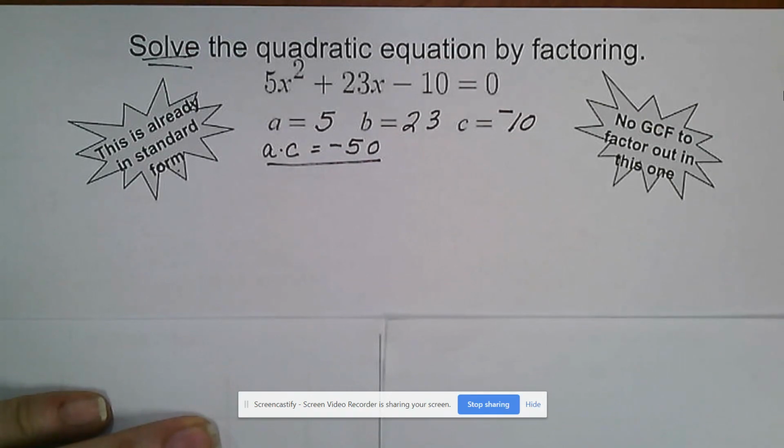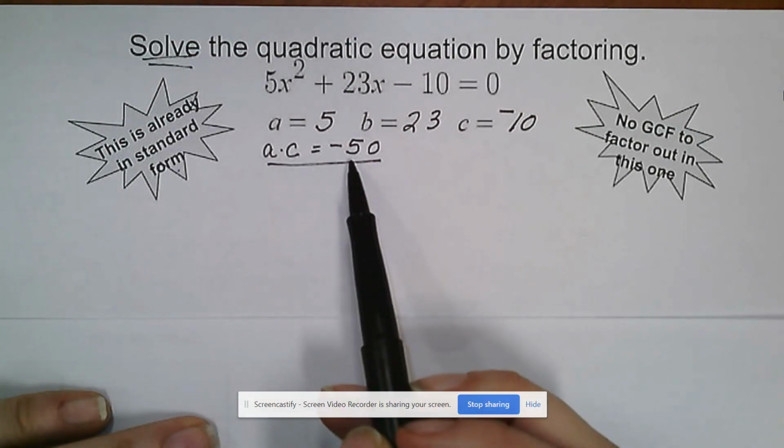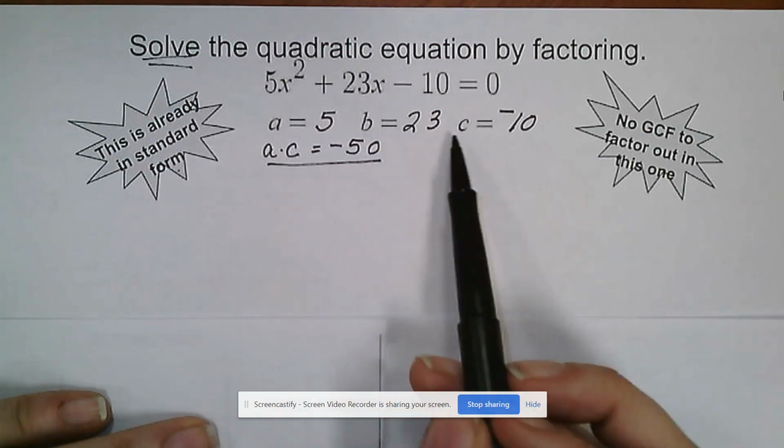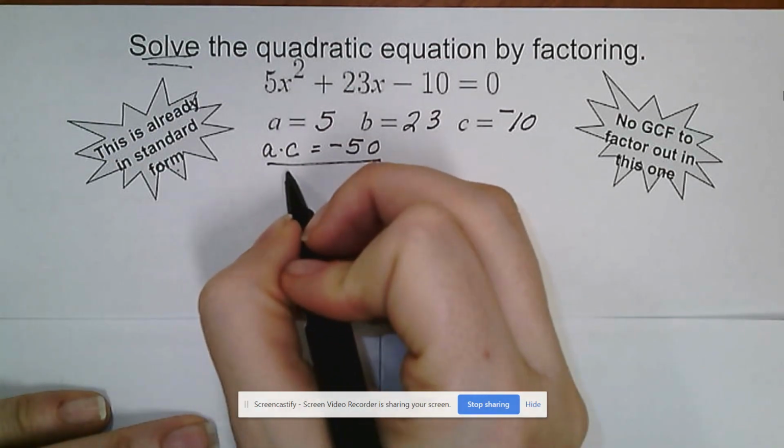And I'm going to do it a little bit different than I did with the GCF. I'm going to do it in this way because I want to keep them in pairs. And ultimately what we're looking for is two factors that multiply to give you negative 50, but add to give you 23. So you'll see what I mean. We'll start listing them, and I like to go in numerical order.